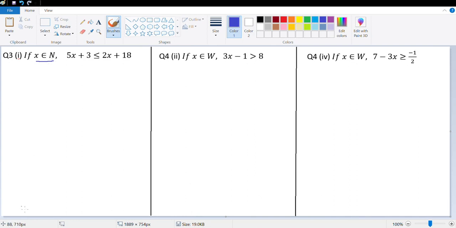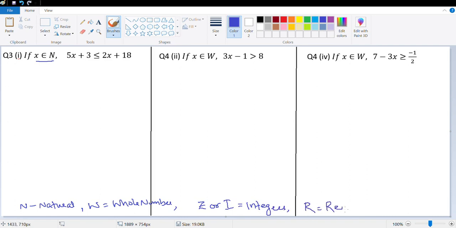N is natural number, which is 1, 2, 3, 4 and so on. W is whole number. We've done this in earlier years. Z or I, some people write Z, sometimes they write I, is integers, and the last one, R, is real number, which means all numbers including fractions.